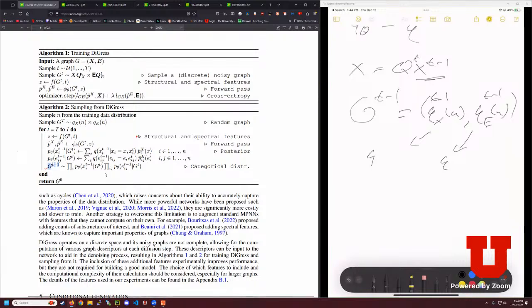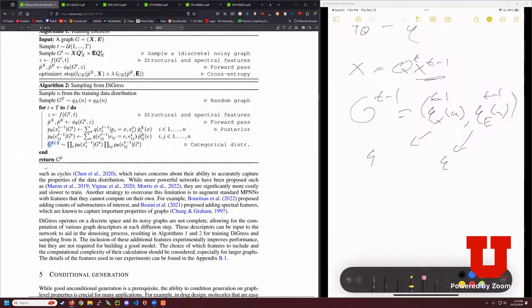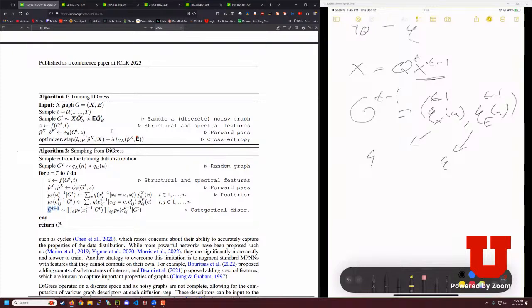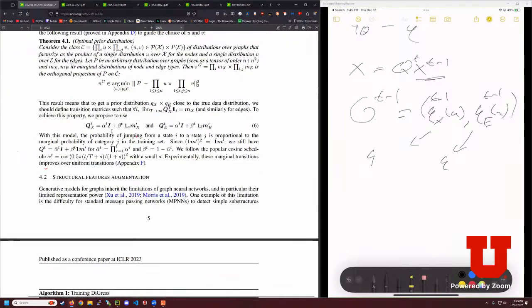My question is, how do they make sure that this noise becomes smaller and smaller? They have their alpha scheduler, which should decrease their noise over time. Oh, they have their alpha scheduler reflected in Q. Okay, everything makes sense.